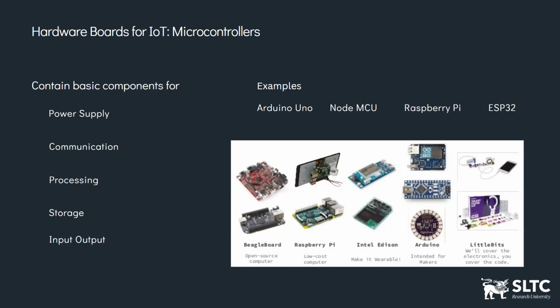Some examples of such hardware boards are Arduino Uno, Node MCU, Raspberry Pi, ESP32, and so on. There are other types of boards also in the world and in Sri Lanka as well. These boards can be used for different applications. So depending on the application that we want to do in our IoT network, we need to select the suitable microcontroller.